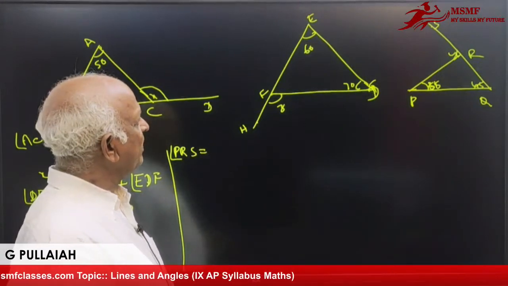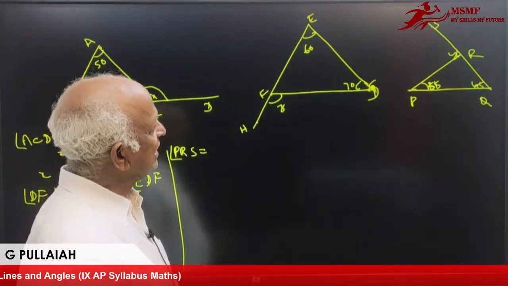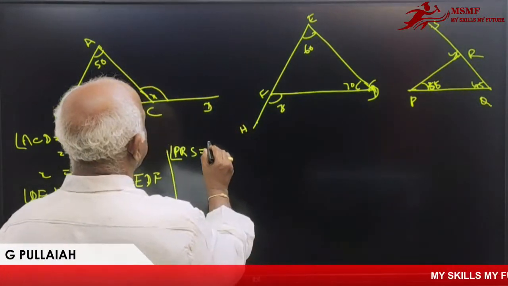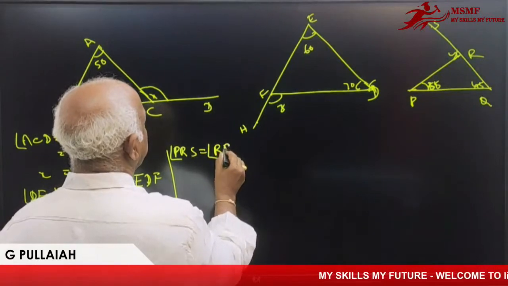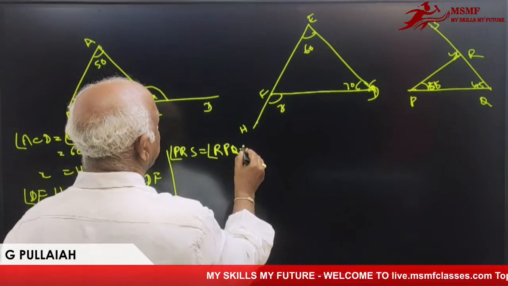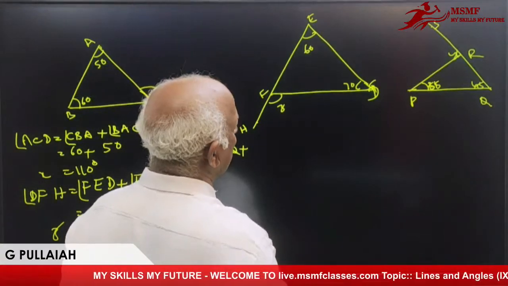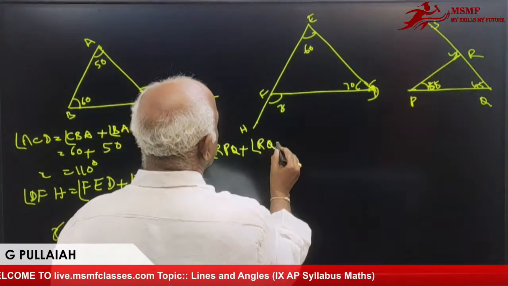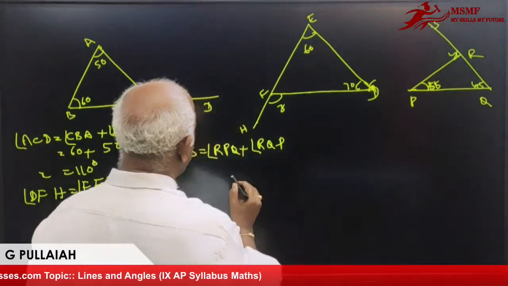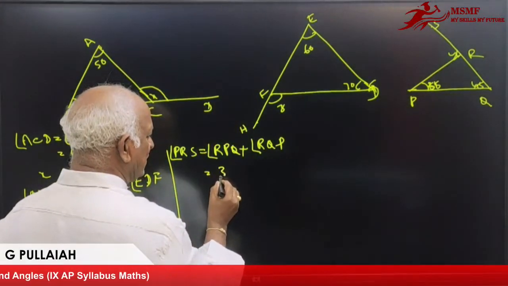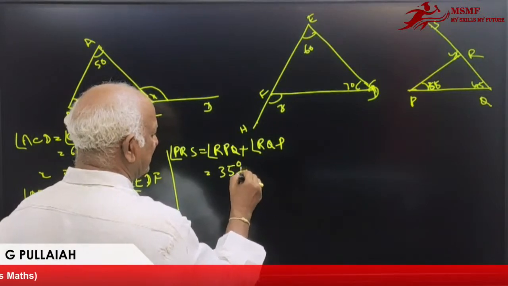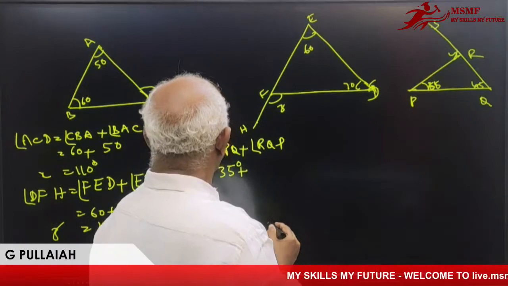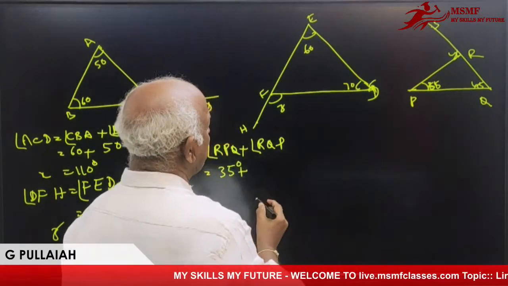So angle PRS is equal to angle RPQ plus angle RQP. Angle RPQ is 35 degrees and RQP is 45 degrees.